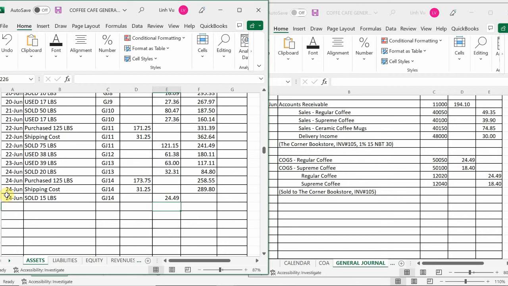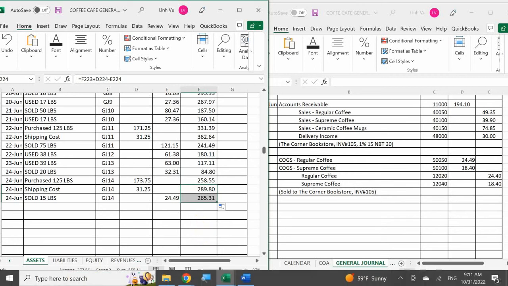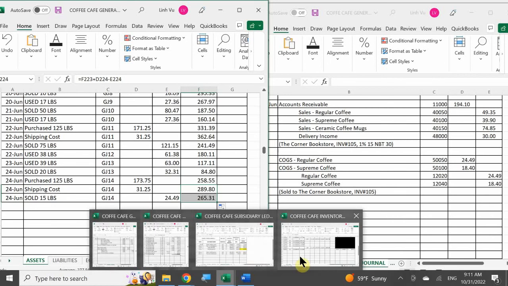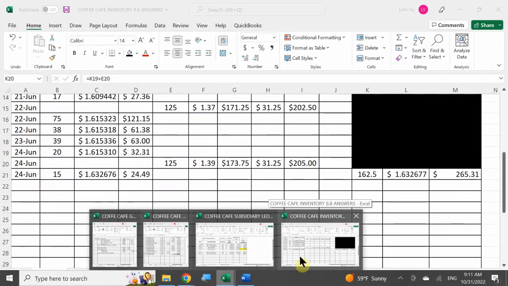Okay, 265.31, right? 265.31. Does that match your inventory worksheet? Okay. That's right. Yes.